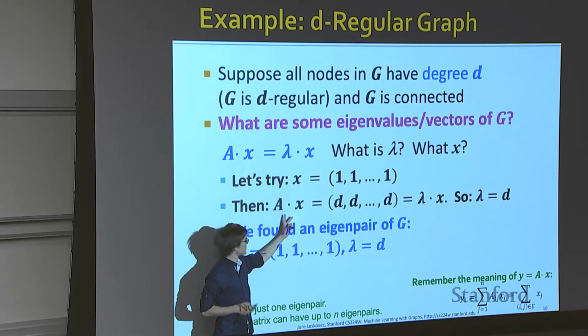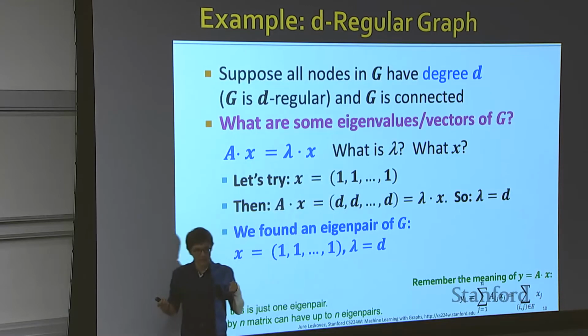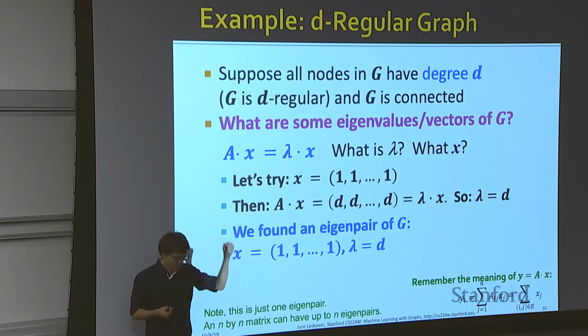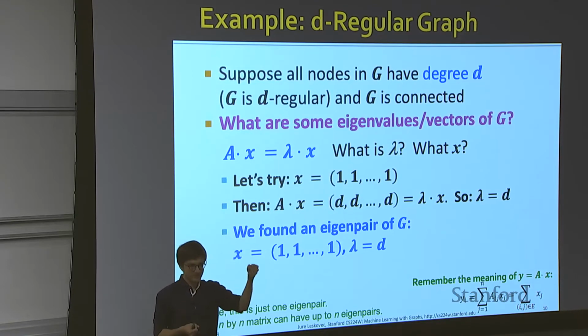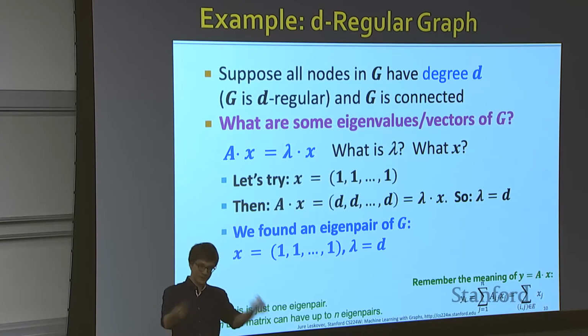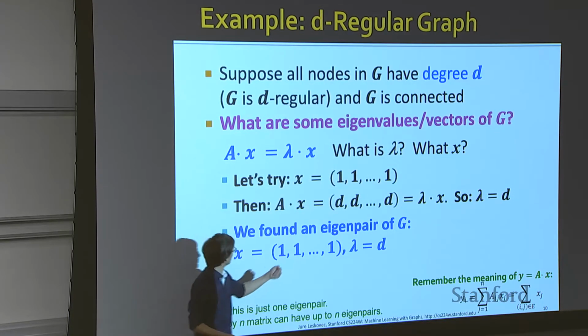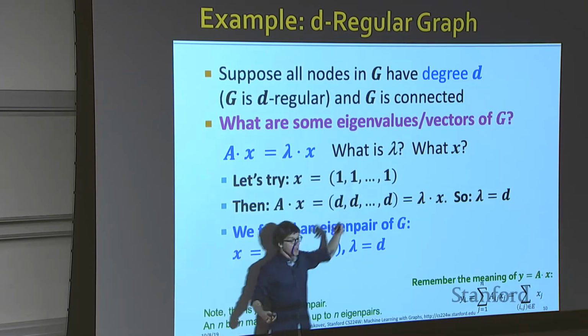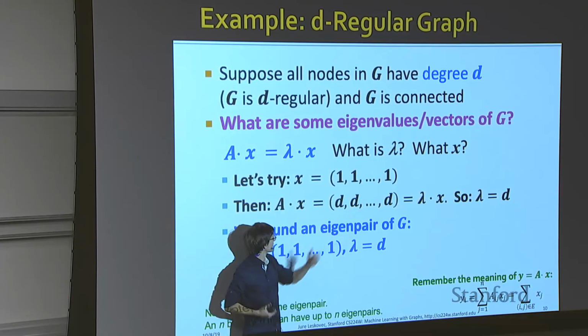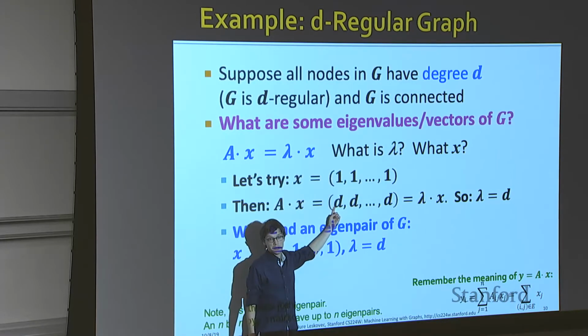Yeah. So you are a d-regular graph, which means every node has degree 4. If every one of your 4 neighbors has value 1, and you sum up those values, what's the sum? It's 4, or it's d, right? So if everyone has value 1, and A times x says you just sum your neighbors' values, then everyone's new value will be d.